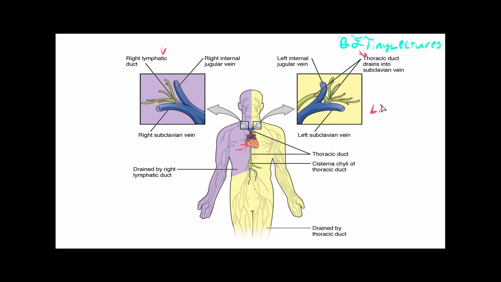So if I had a lipid, or if I had vitamins K, A, D, and E, they would go from the thoracic duct or the lymphatic duct into the subclavian vein, and from the vein they go into the heart, and the heart will shoot the lipids, they will shoot the vitamins into the systemic circulatory system. So now you have these lipids and vitamins going into the tissues, going into the organs via blood. So this is the transfer between the lymphatic system into the circulatory system.